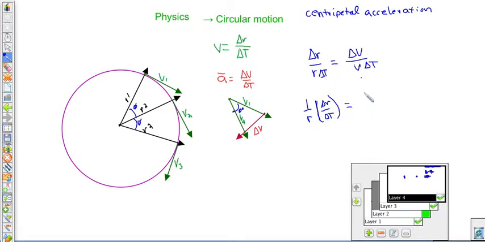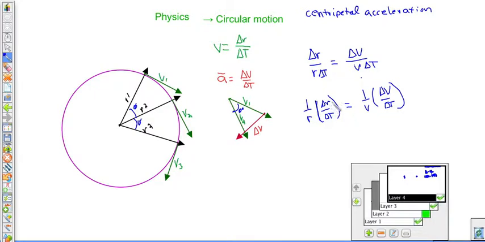And that's going to equal 1 over v times the change in velocity over the change in time. So all I did was take out the radius from the equation, so I'm multiplying it back by it here, and so you can see that it's still there.